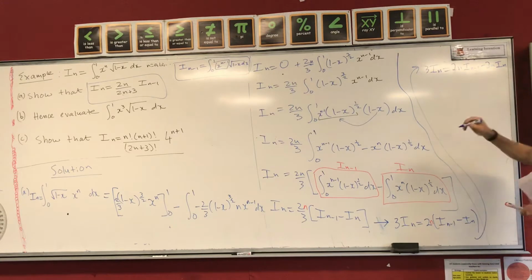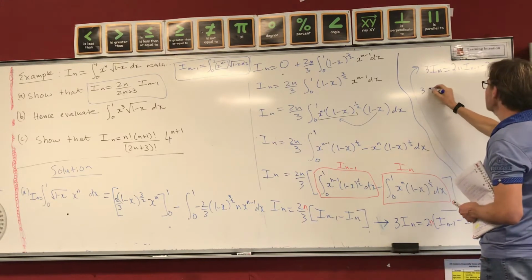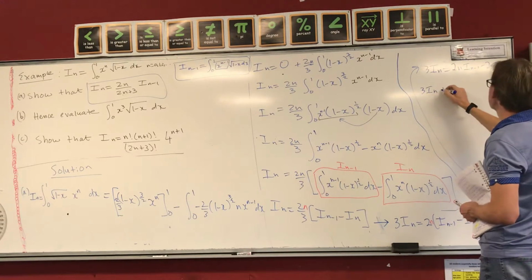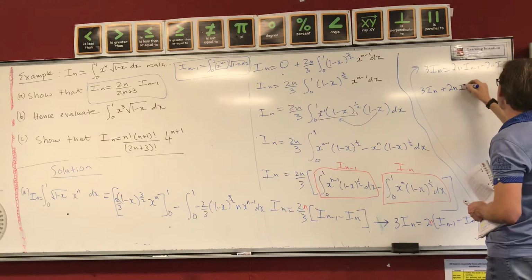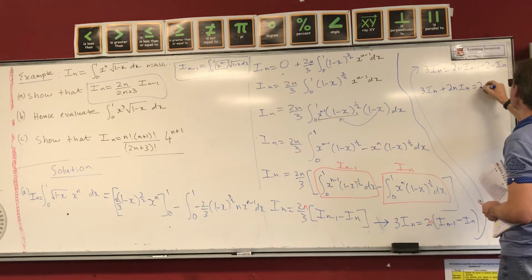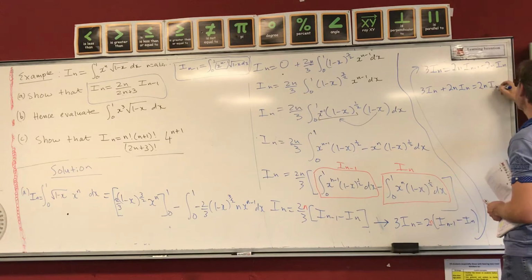Okay, so I'll put all the I n terms on one side, so I'm going to get 3I n plus 2n I n equals 2n I n minus 1.